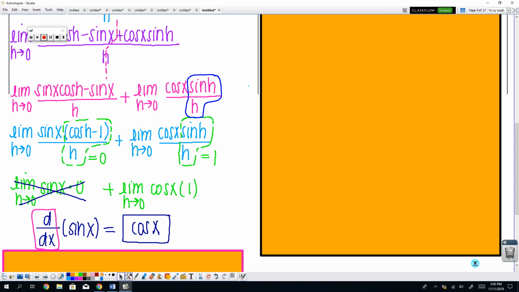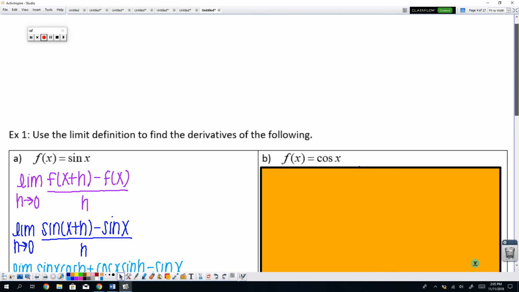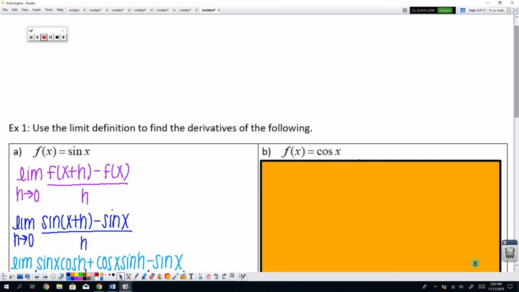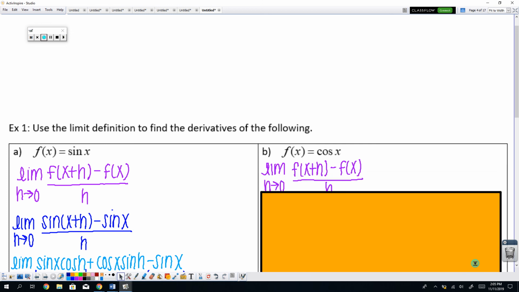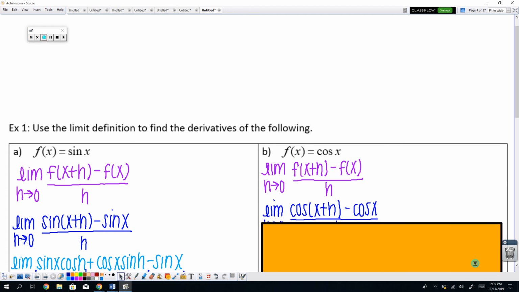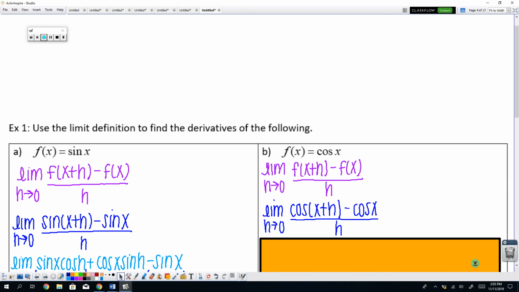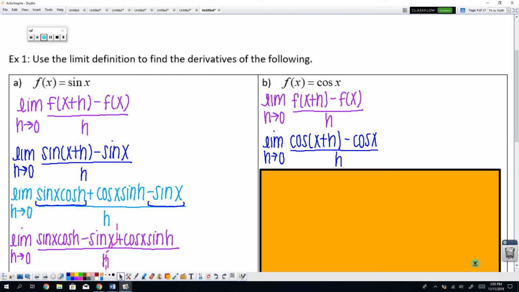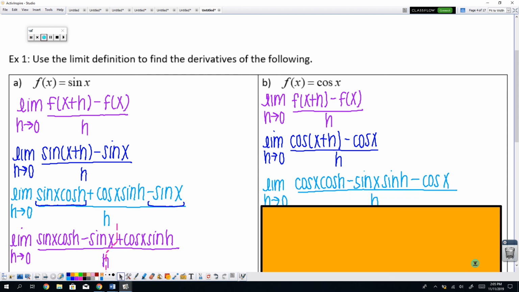So the one right beside it is going to be almost identical, but using the other property. I'll show you the first two steps, and then I'll ask you to pause it so that you can reorder and factor out. The first two steps would be to write the limit definition, then plug in cosine, and then rewrite using your formula.